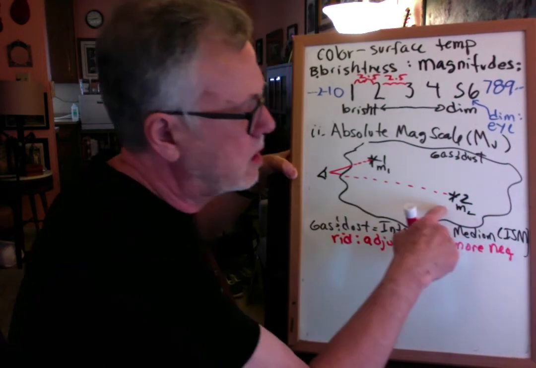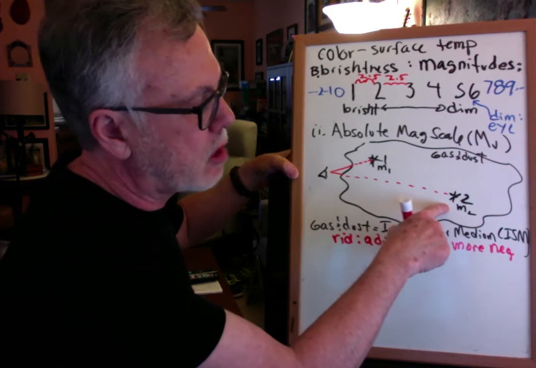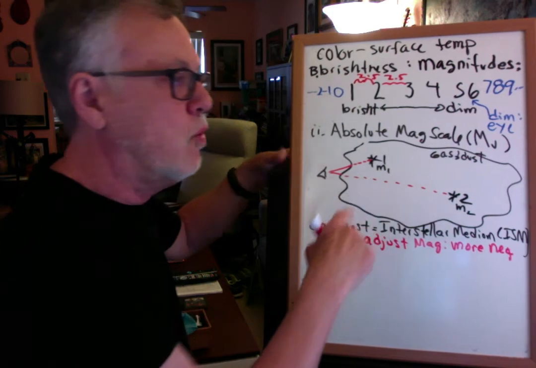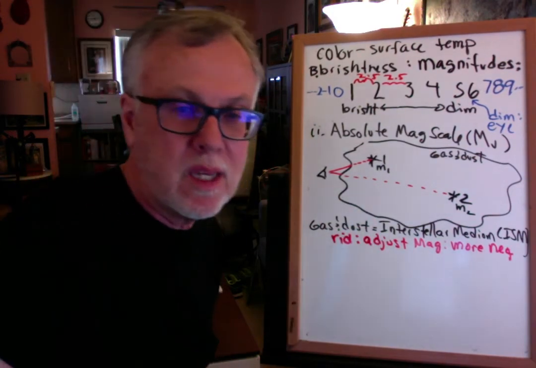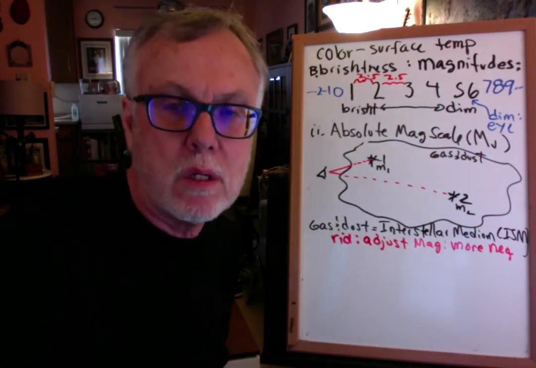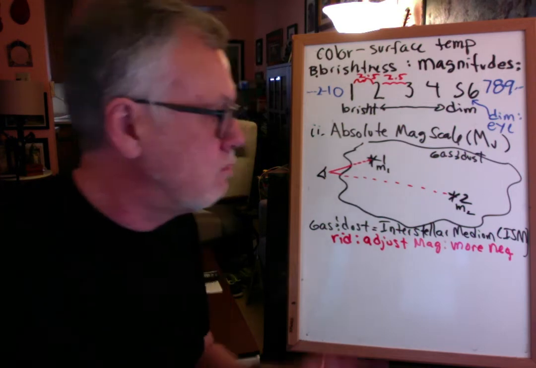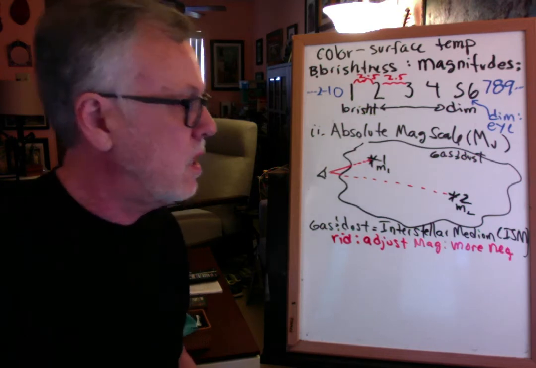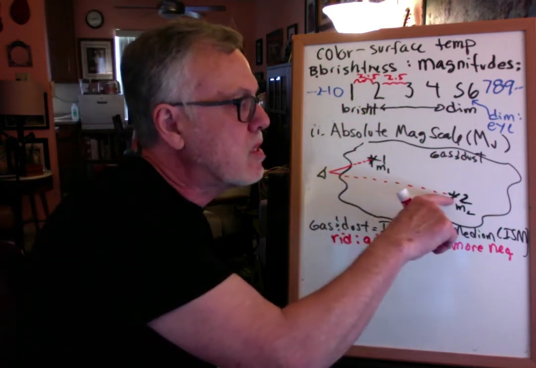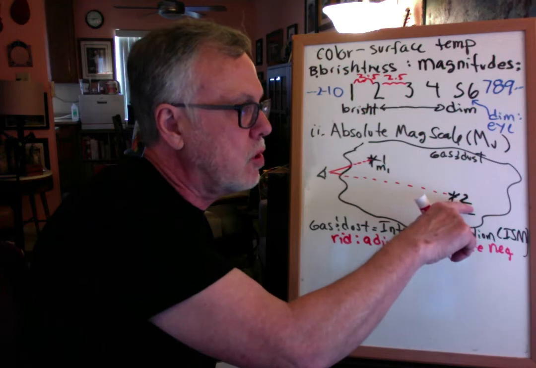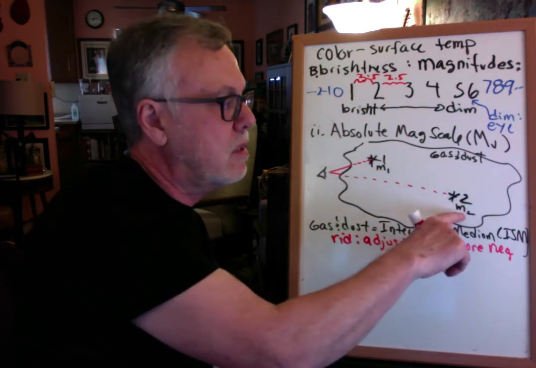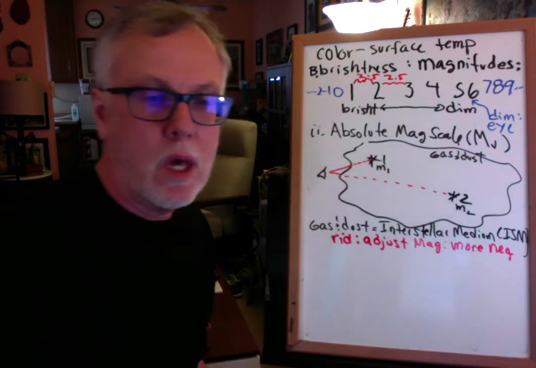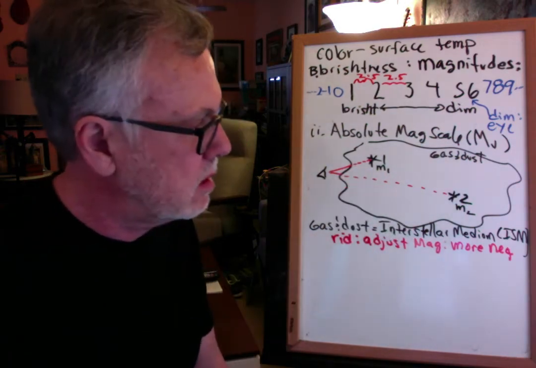But we adjust the magnitude for star 2 more negative, much more than star 1, because we're looking through a lot more gas and dust, and therefore it will be dimmed much more by the gas and dust than star 1. So I'll say it again. Because we're looking through a lot more gas and dust to star 2, we have to adjust its apparent magnitude brightness much more than star 1, since we're only looking through a little bit of gas and dust.